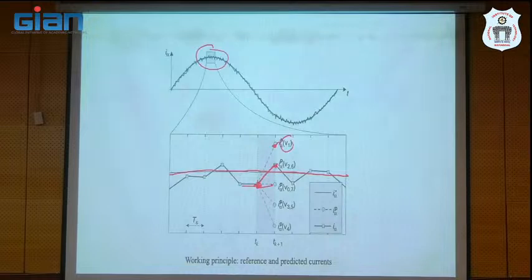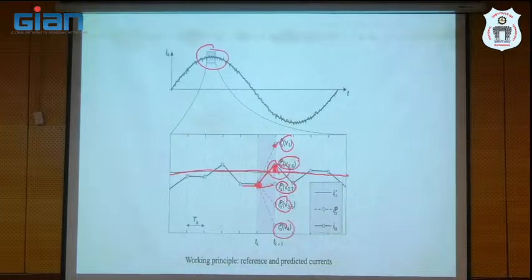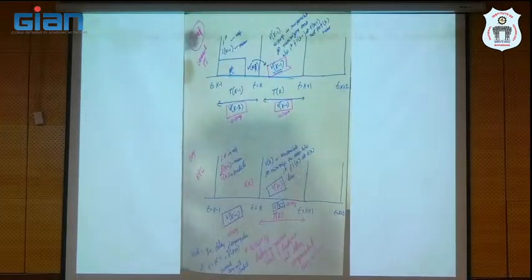We can calculate this based on the predefined calculation. Out of these 8 voltage vectors, if you select V2 or V6, the actual system will come closer to the reference. This is the error. The error becomes very small if you select the V2 voltage vector. That is the advantage of adopting the model predictive control method.